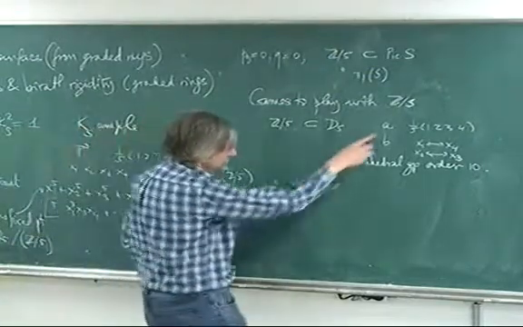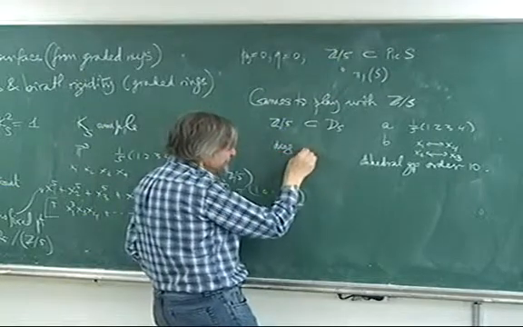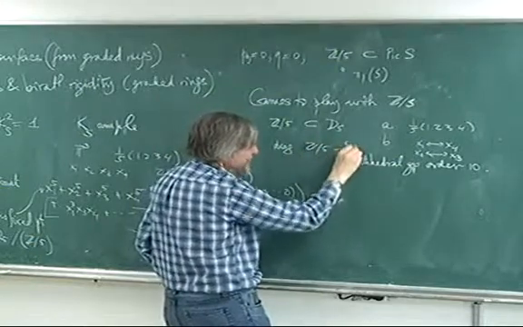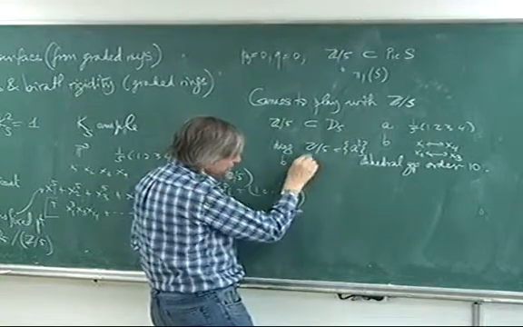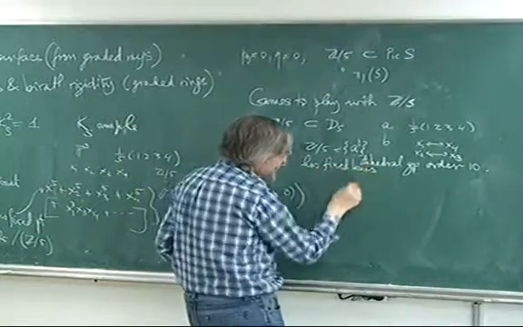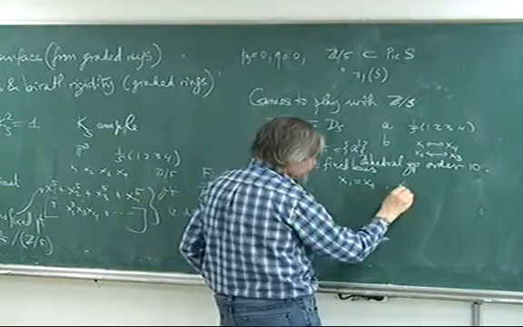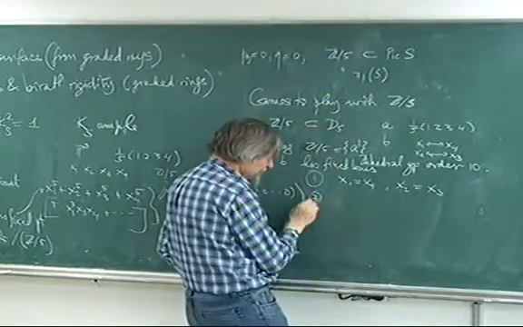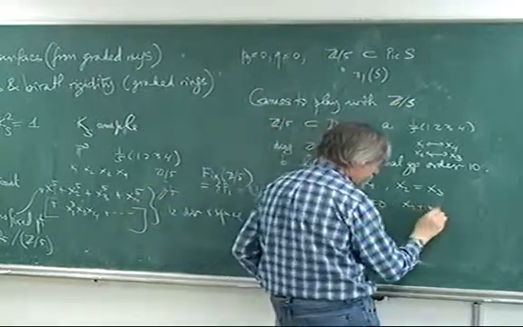So this group has the diagonal elements A, Z mod 5, which is all the powers of A, and then B. And B has fixed locus x1 equals x4, x2 equals x3. So that's one component. And the other component is x1 plus x4 equals 0, and x2 plus x3 equals 0.